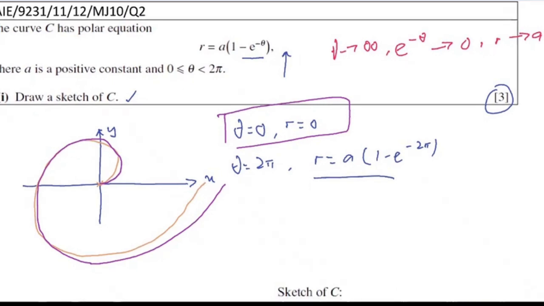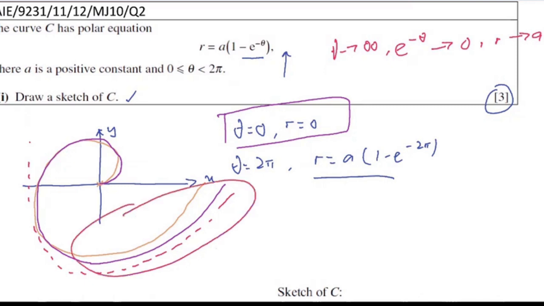We don't have the real figure in the mark scheme, but I guess as long as towards the end, this part here, when we sketch it almost like a circle already, then we should be able to get the mark. Again, it's very subjective and depends on the examiner, whether they are lenient or strict.